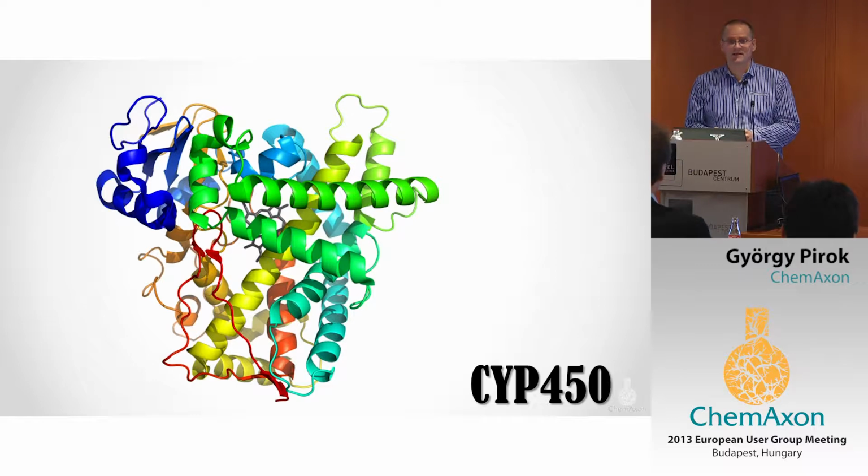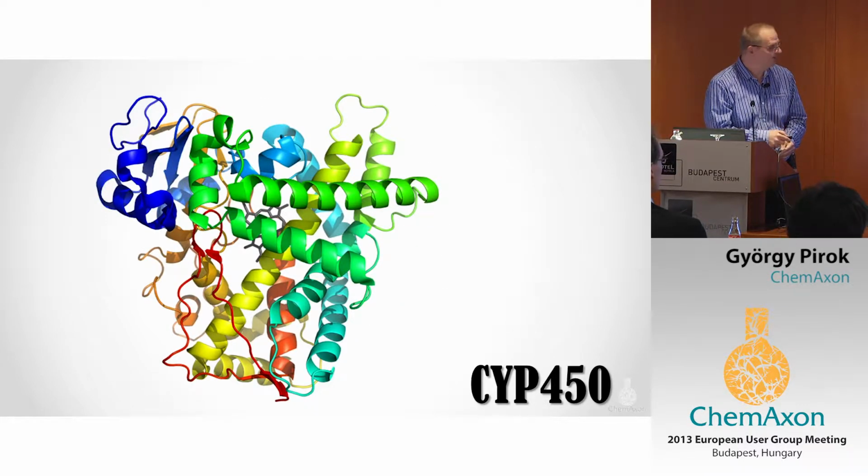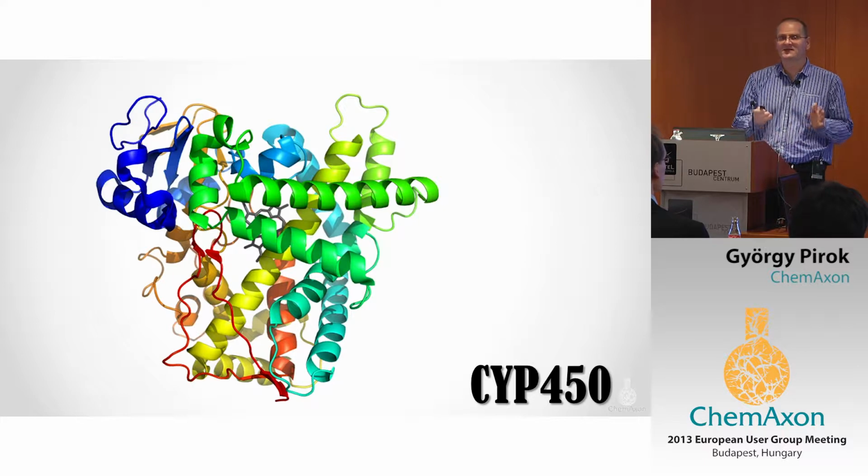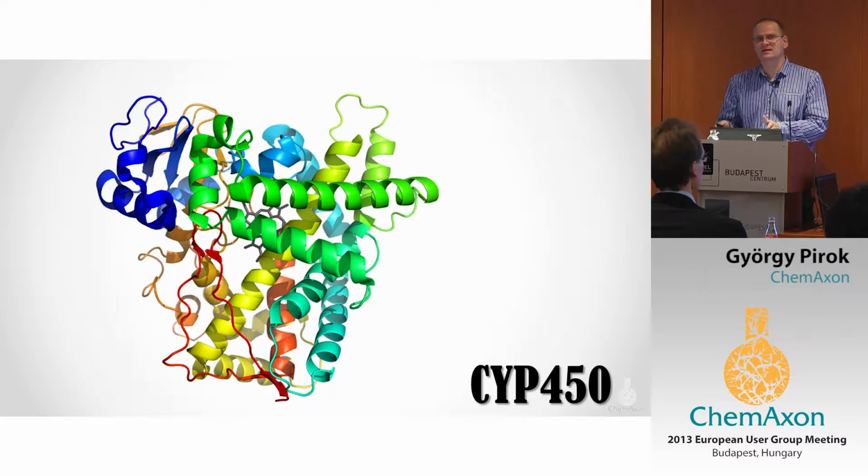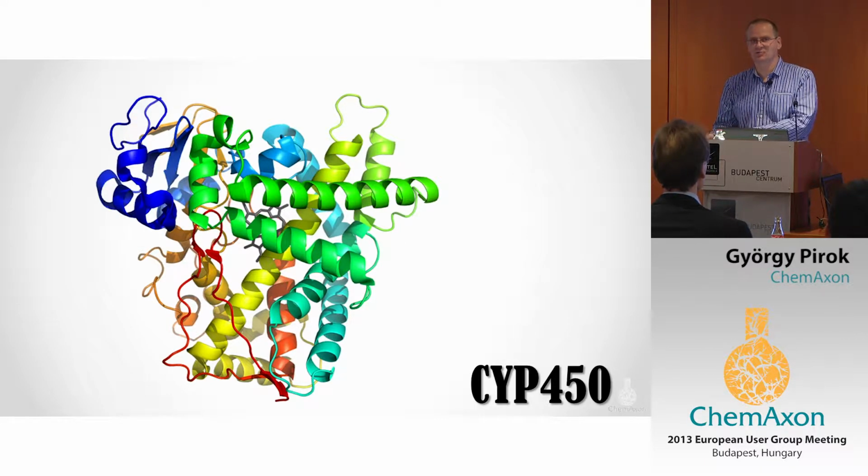These compounds, as you may see here in the center, often contain a heme, which can oxidize the compounds. This is a process to make these foreign compounds water soluble, so you can excrete them.